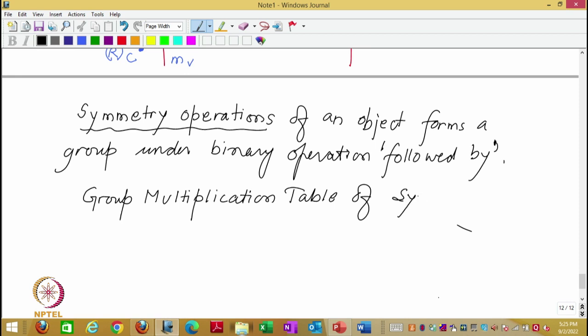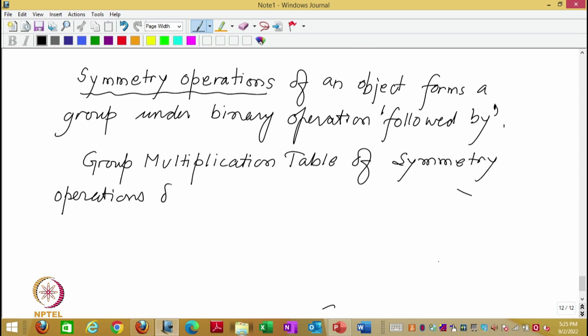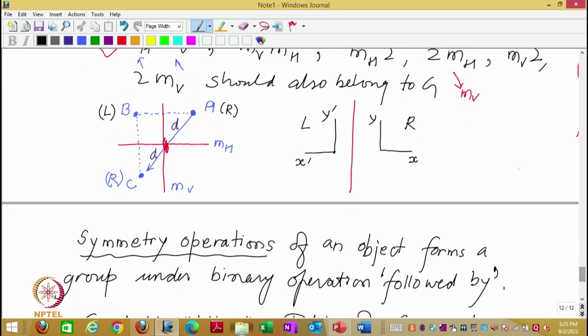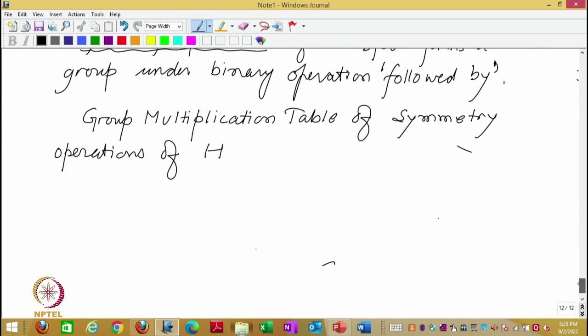Table of symmetry operations of H. By the way, since this is having two mirror planes and a two-fold axis, there is a so called Hermann Mauguin symbol for it, which is called MM2.